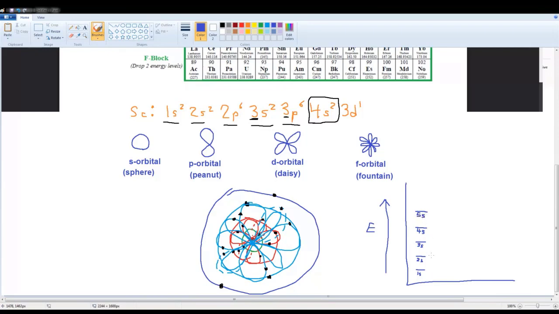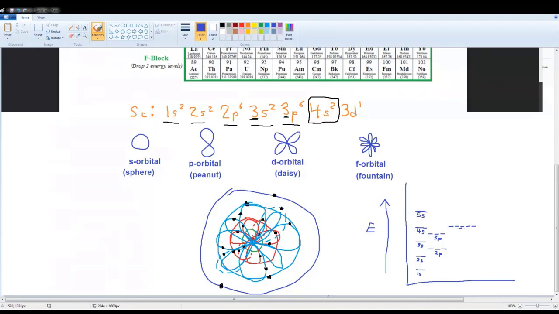All right, but the 2p is actually here. Lower energy than the 3s, but significantly more than the 2s. And then once again, the 3p is going to be like right here. But the 3d has 5 possible orbitals.